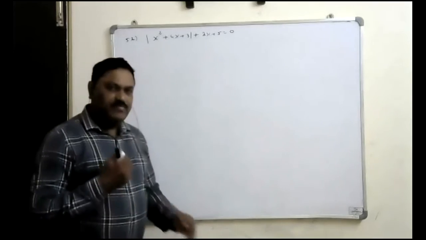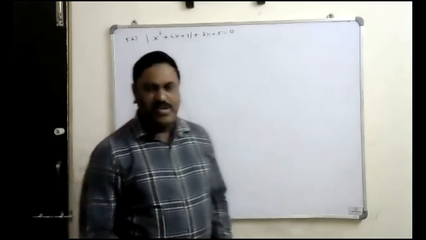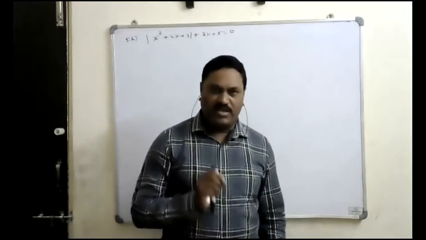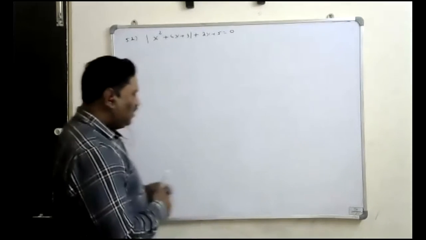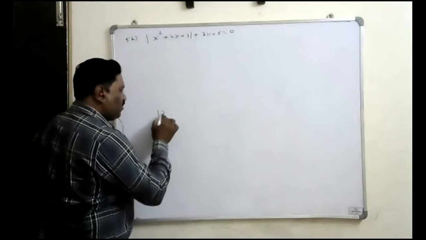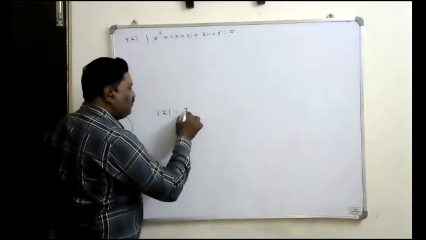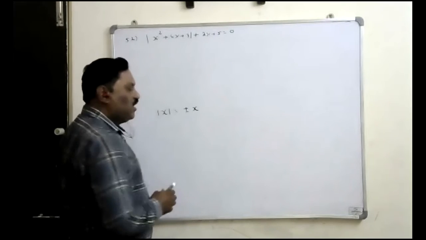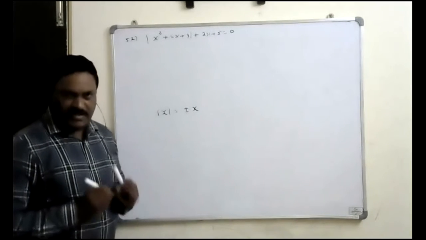Whenever there is a modulus, we have to use the definition of mod x. Mod x is equal to plus or minus x, meaning if you remove the modulus, on the other side we keep plus or minus.